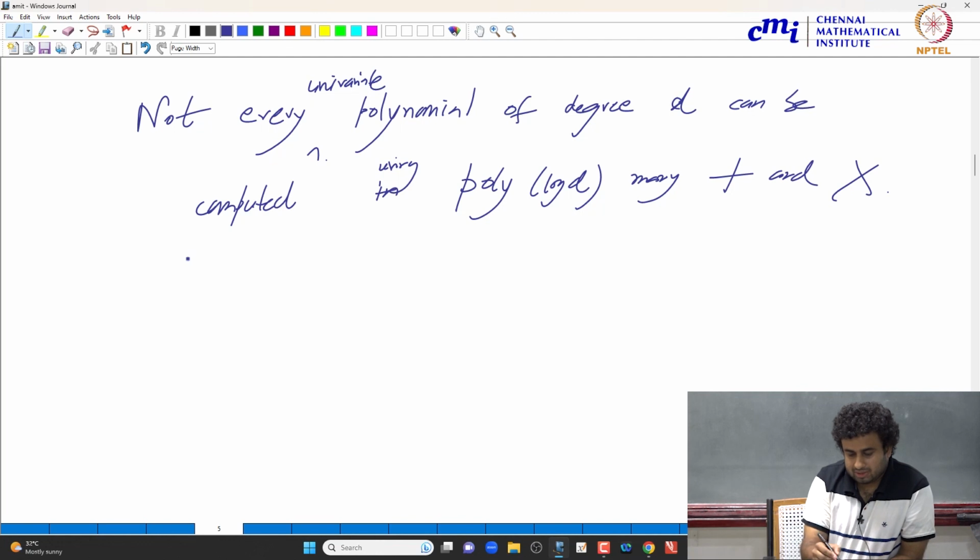You can actually prove that such polynomials exist, but you do not know of a single polynomial for which you can prove this fact. This is like the P versus NP question.